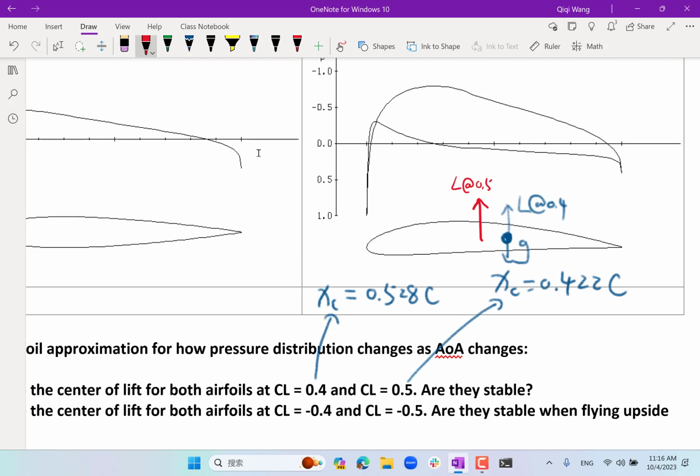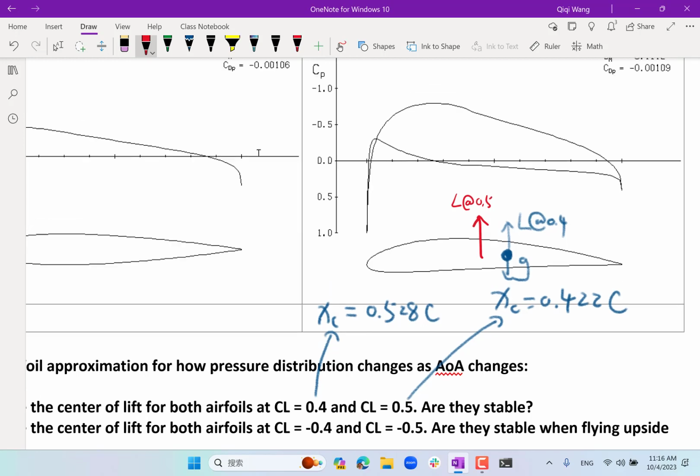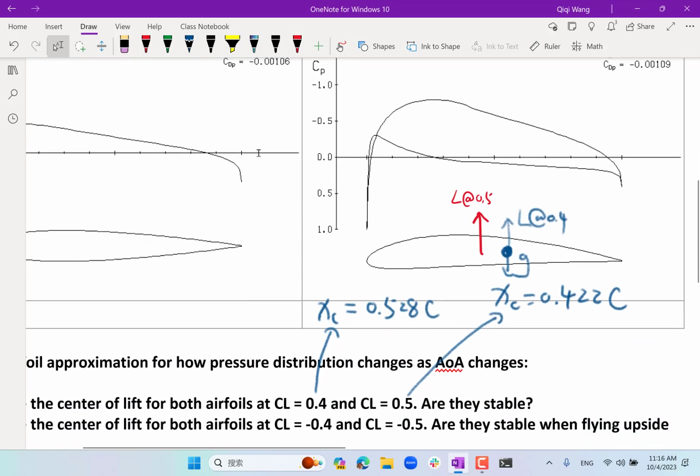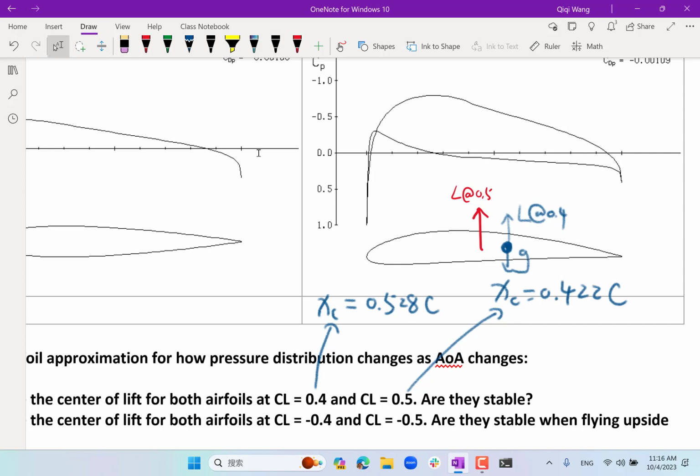And that is going to further shift the center of lift towards the leading edge, in fact towards the quarter chord. If you look at the formula, if I keep increasing CL, CM doesn't change, so this term goes to 0, and my center of lift always shifts towards the quarter chord. So it continues to shift upstream, and that increases the moment even more and makes the airplane pitch up even more. So is that a stable configuration? No, that's unstable.